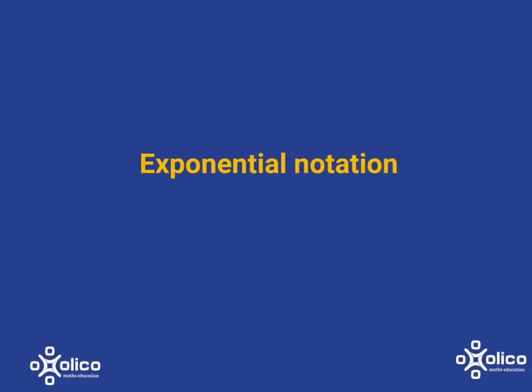In your work, both with number and algebra, you're going to need to be very familiar with exponential notation. Now you really should be quite familiar with exponential notation, but let's just recap it. 5 to the power of 6 just means that you have 6 5s that are multiplied together.